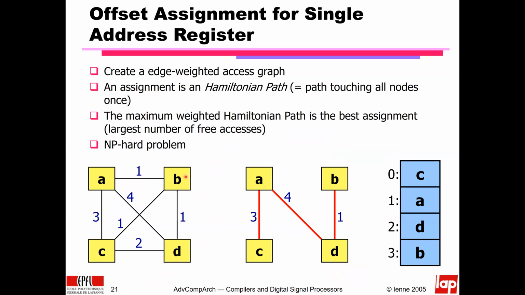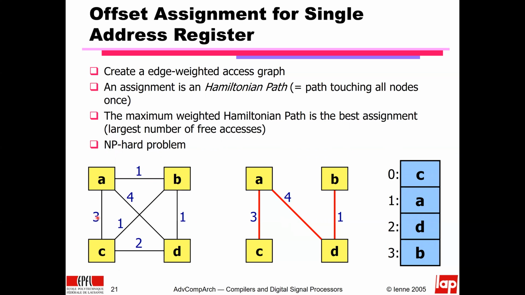And when I have this access graph, it's relatively simple to formulate what is the maximization problem that I want, because what I want to find is a path, a Hamiltonian path, that is a path that goes through all of them, which will represent the linear sequence of the values in memory. And I want this path to have maximum weight.